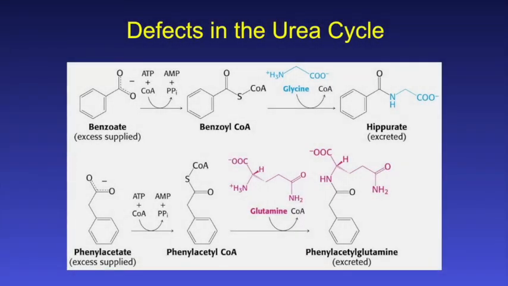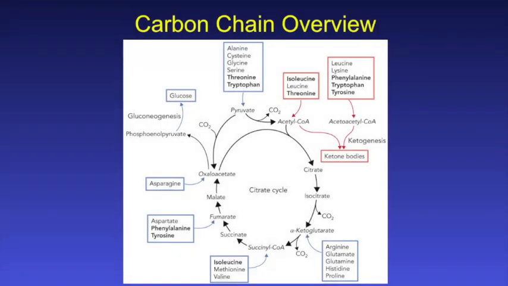Benzoate can actually react with glycine itself, and the phenylacetate can react with glutamine itself, both of which create molecules that can be excreted. And so, making sure we get rid of the ammonium is very, very important.